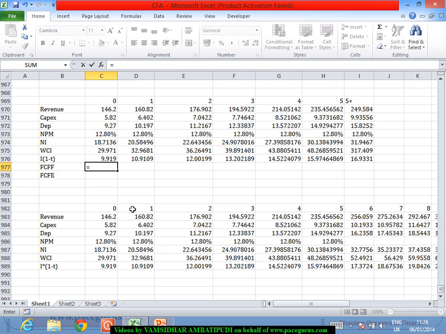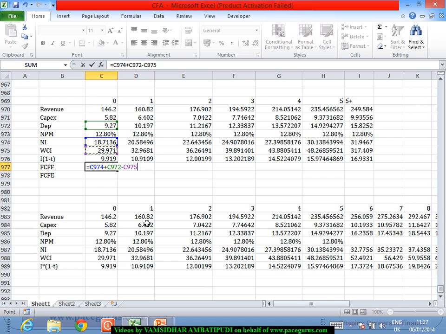Let me try. FCFF, cash flow from operations. So I'll start with net income. This is the net income plus depreciation, which is the non-cash expense, right, minus changes in the working capital. So this is the change in the working capital, so I am subtracting that.